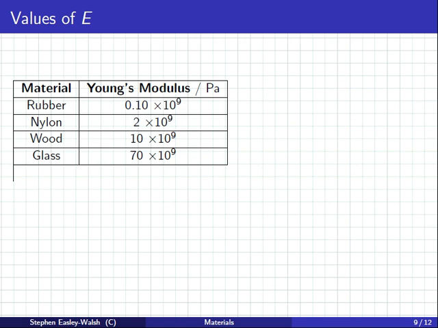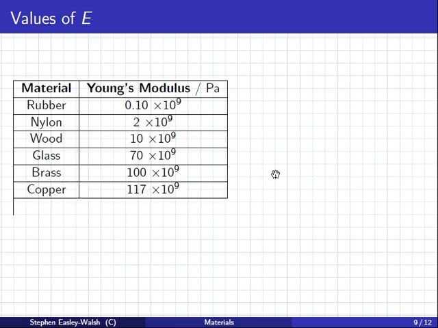Next material. Brass. Brass is okay. Well, I don't know. It's not exactly like I have lots of brass stuff at home. Next one. Copper.